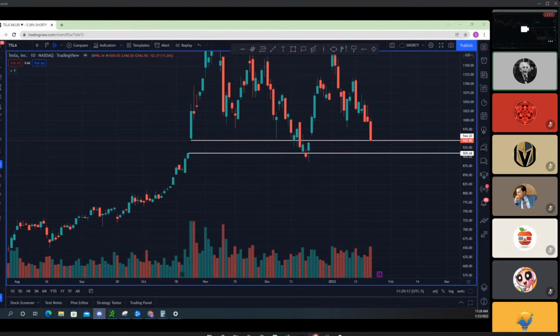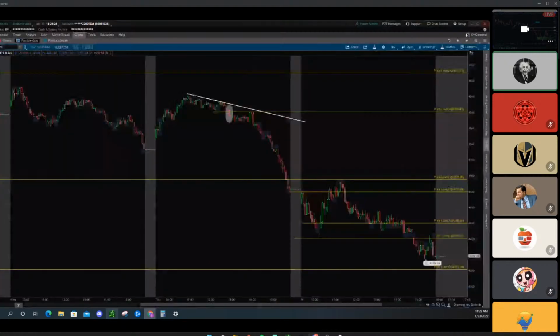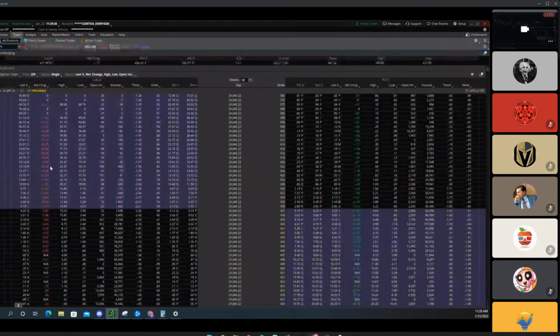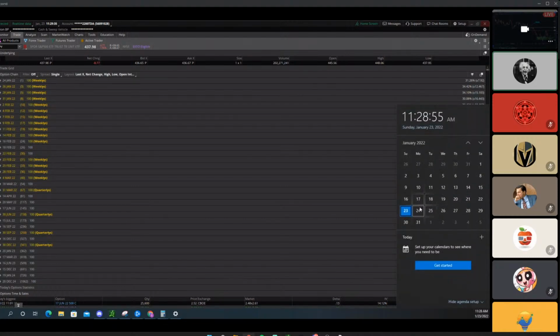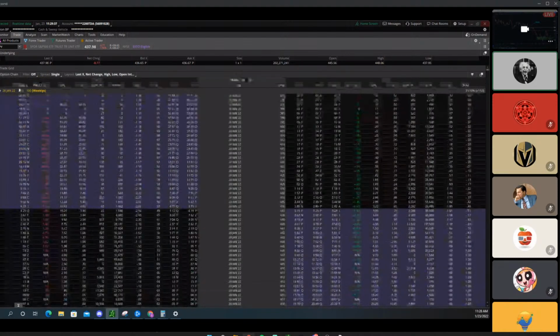Yep, I mean, the gap risk. The weekly contract is basically if you buy on Monday, like let's say SPY has intraday options, right? So if you look at SPY here, on the 24th you have contracts that expire on the 24th.